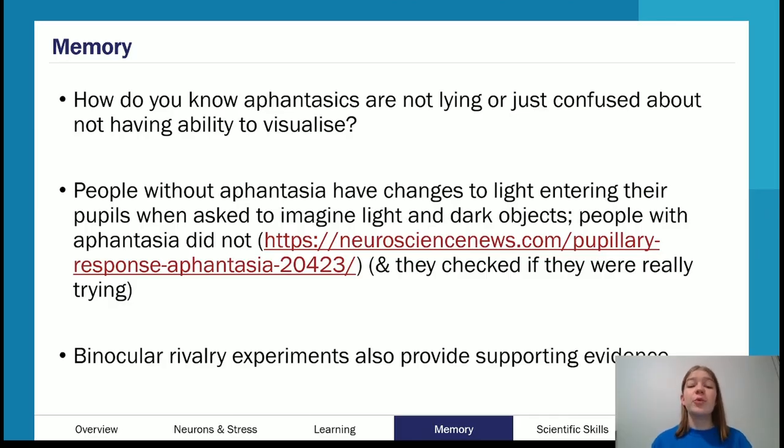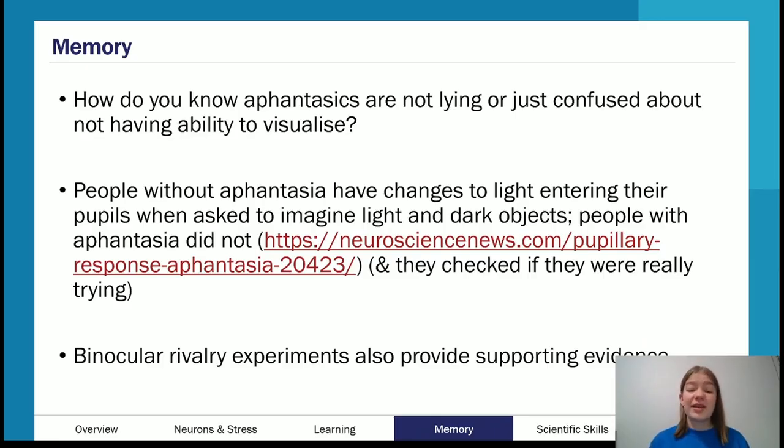People with aphantasia were also asked to do the same thing, and they got different results, because when they were asked to visualize something light or dark, they didn't change how much light was entering their pupils. They also did a check to see if people were really trying.